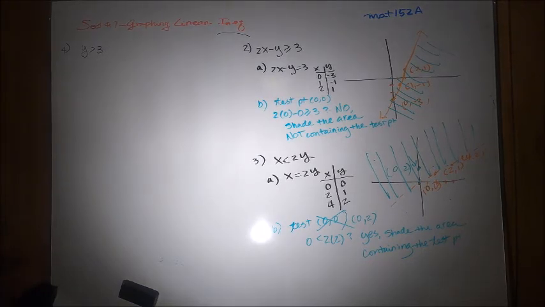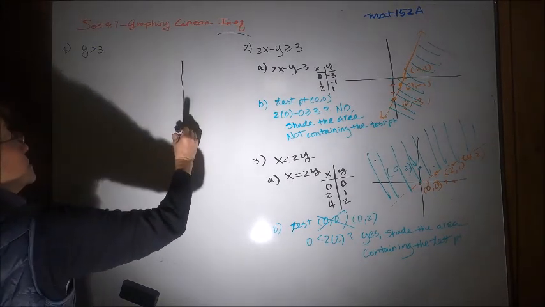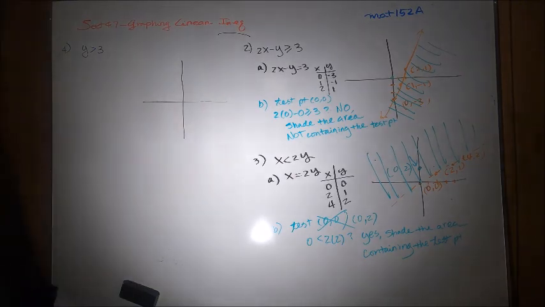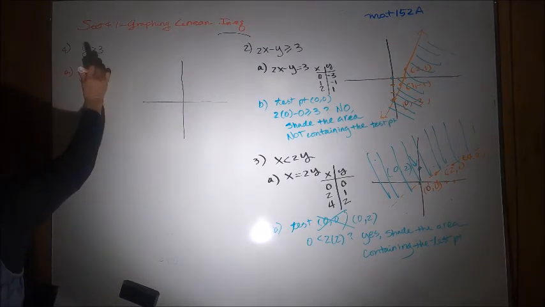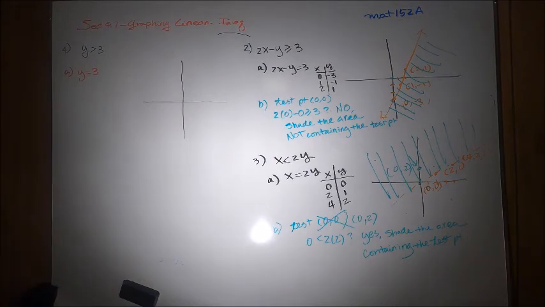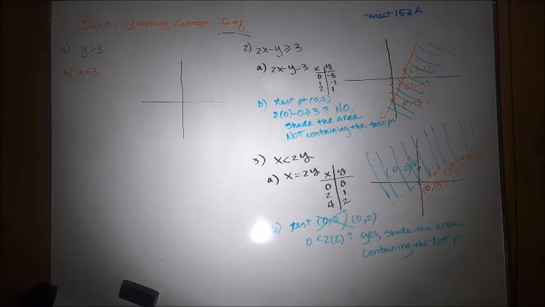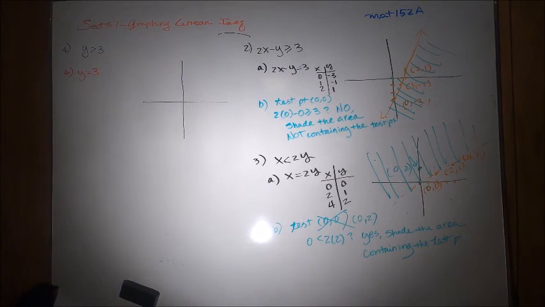Okay? So, what do you think? First step, find the boundary condition, which is what? The line, right? Put the equal sign there to see which area you are going to choose.